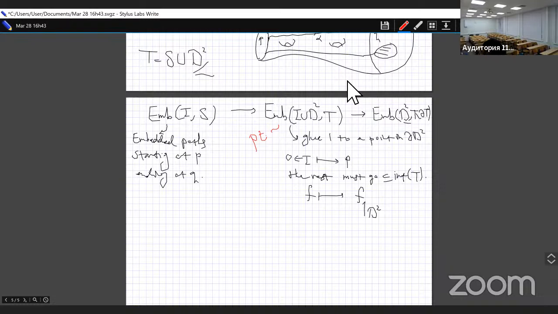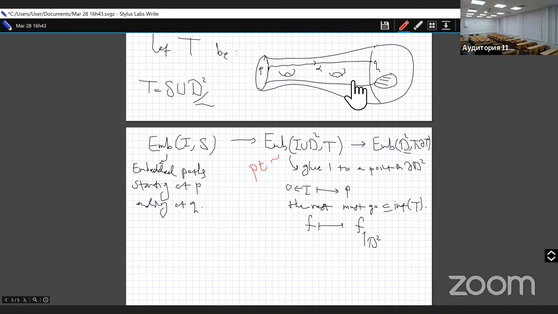Because it's just the same argument as, not the exact same, but for any space, the space of paths has... you can shrink everything to your initial point.